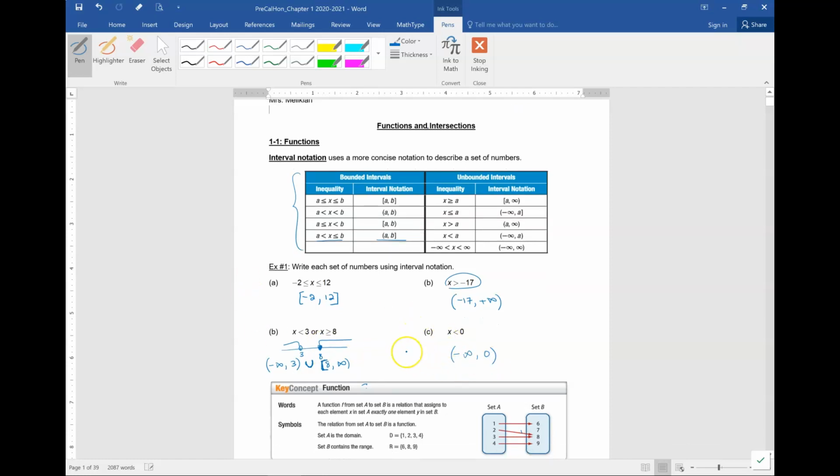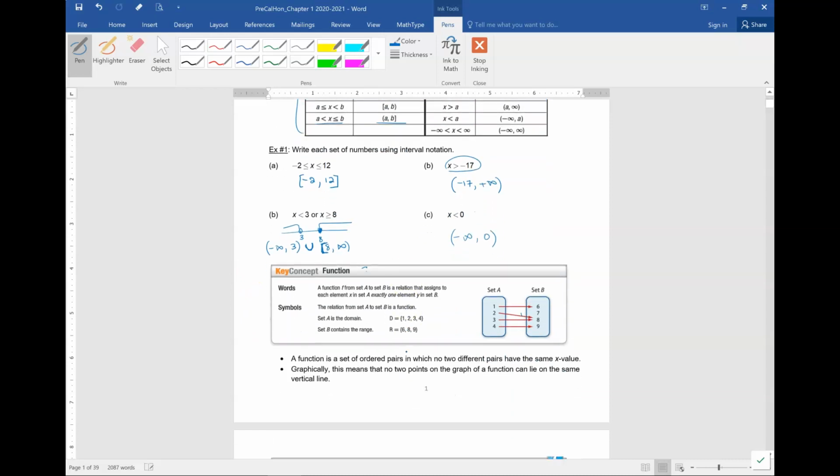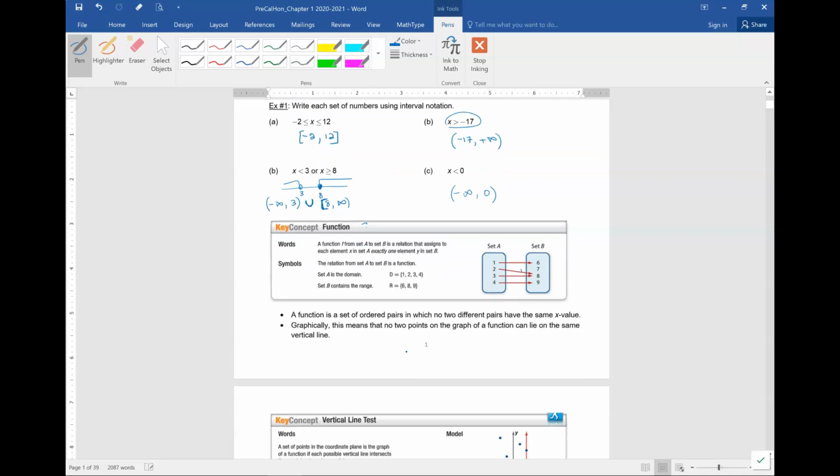All right, so let's move on to what a function is. A function is a way to map relations from one set to another set. The thing that makes a relation a function is that every value in the input can be paired to only one value in the output.